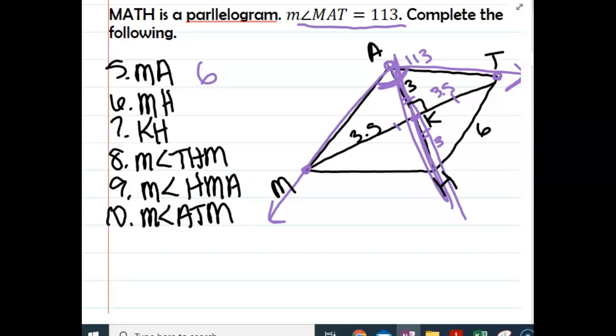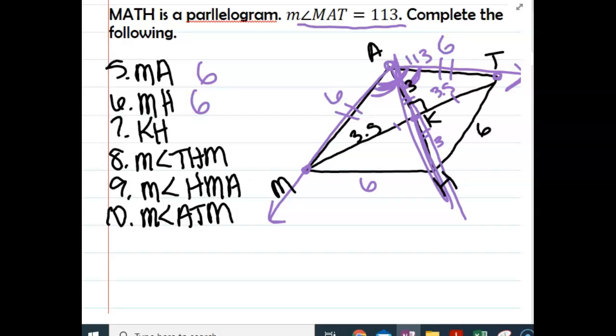Basically what I know is that since these are equidistant, this is an angle bisector, and these are congruent. Which means if AT is congruent to MA, MH is also going to be congruent, right? So, what is MH? 6. They're all going to be 6. All of those sides are going to be 6.